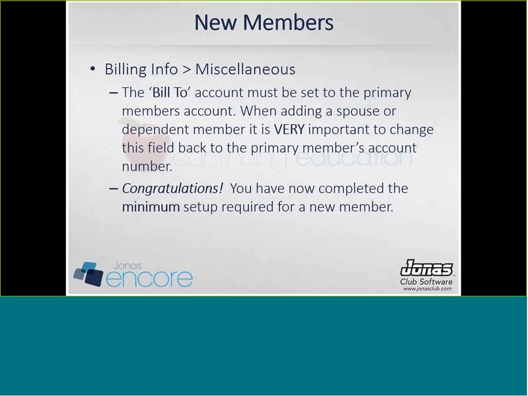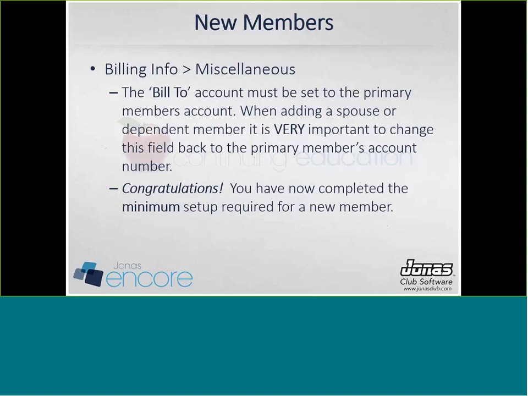Other fields on the member file: under the billing information tab, there's a miscellaneous sub-tab. The bill to account must be set to the primary member's account, always. So if you're adding a spouse or dependent member, let's say 100A, 100B, etc., or 100-1, 100-2 to designate the dependent, by default, the bill to will be to themselves, and that's not correct.